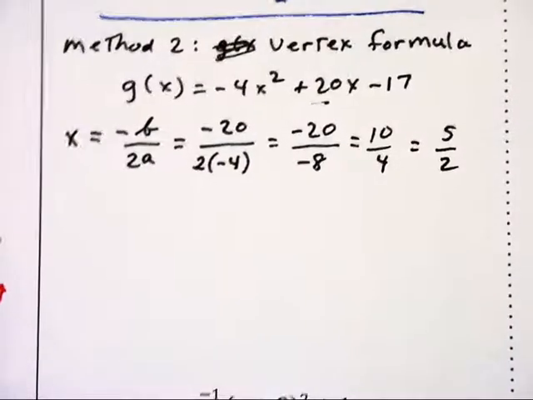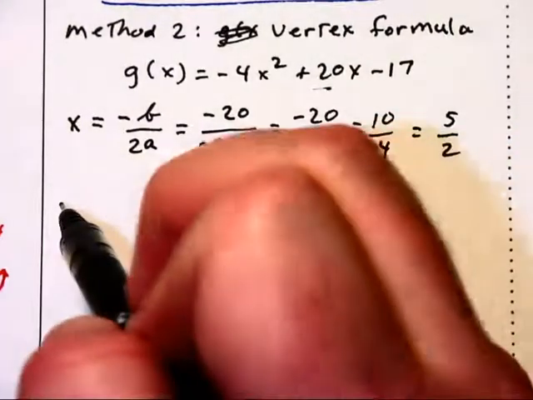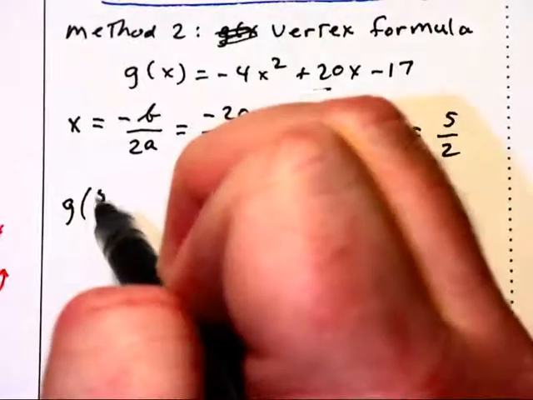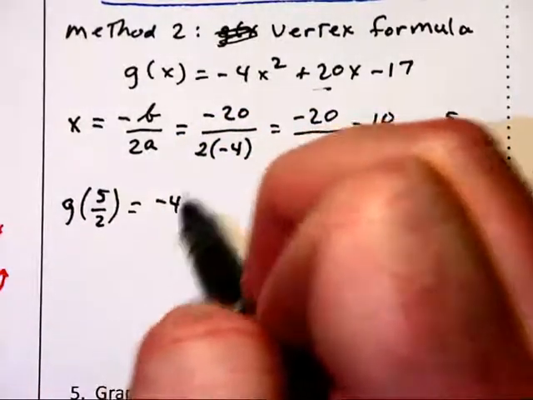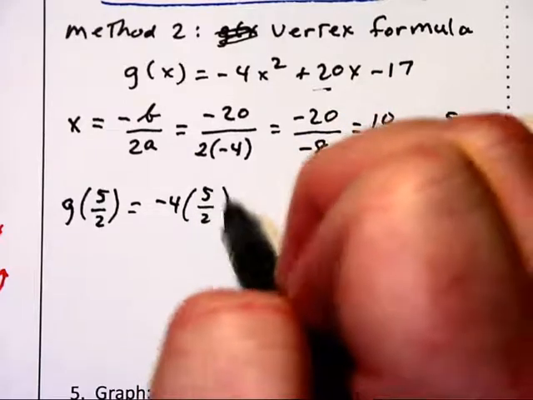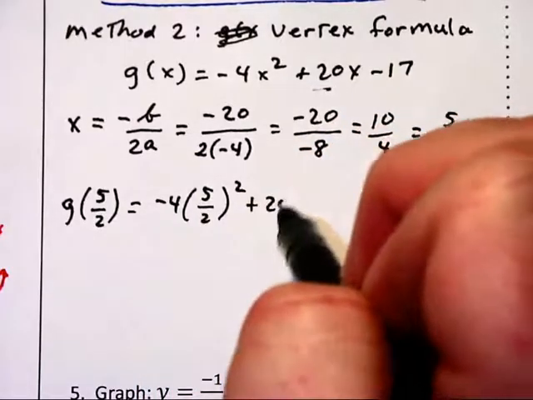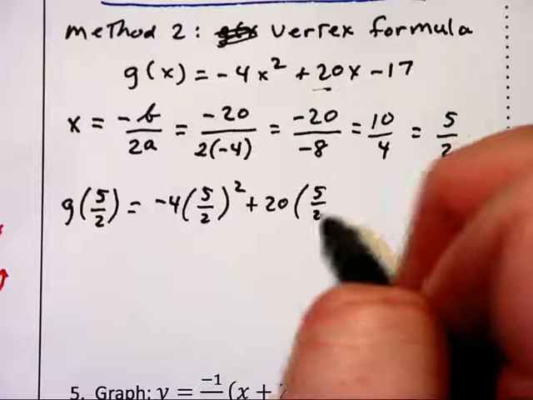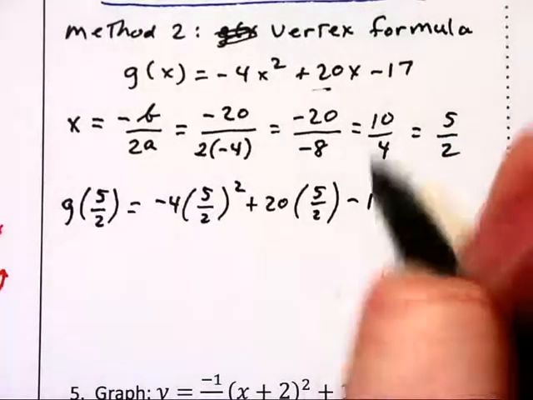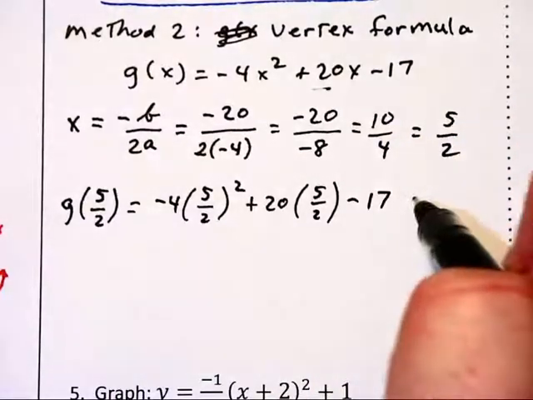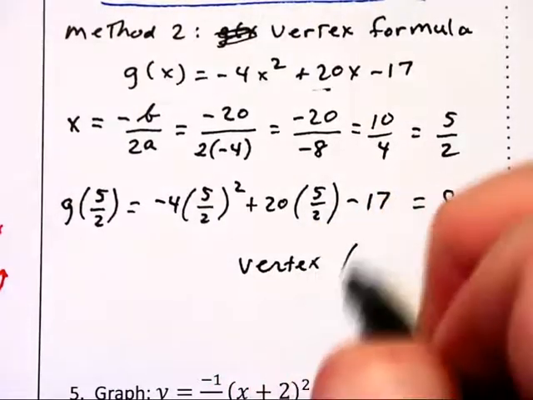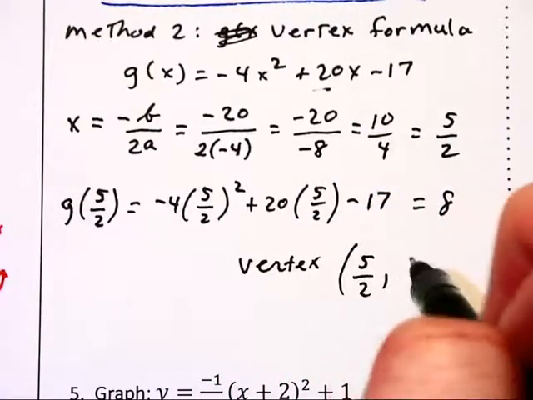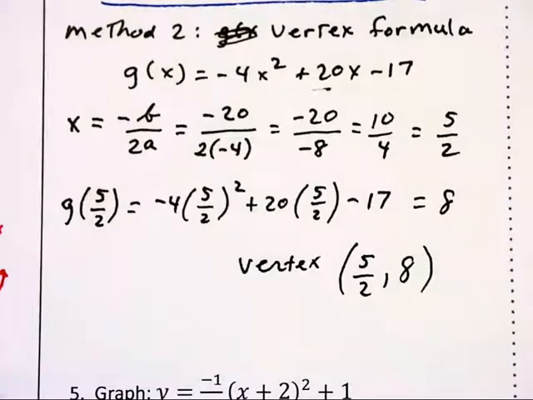We then substitute that 5/2 into g. G of 5/2 is equal to -4 times 5/2 squared plus 20 times 5/2 minus 17, which will turn out to equal 8, and we will see our vertex of 5/2, 8 done by that second method.